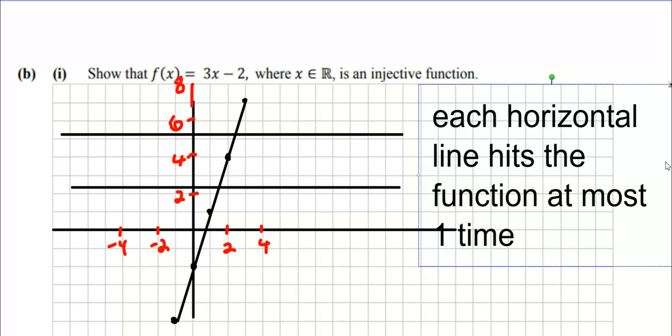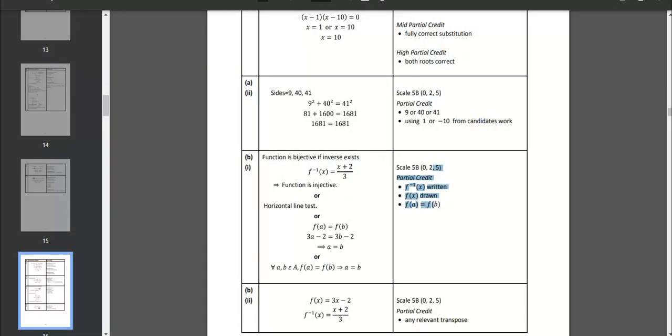Now, there is another thing. If it has an inverse, it's a, what was I reading a minute ago? If we remember from our revision, a bijective function is injective and it's perfect one-to-one, isn't it? And if you're bijective, you're also injective.